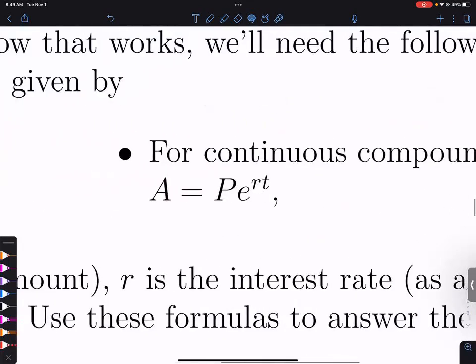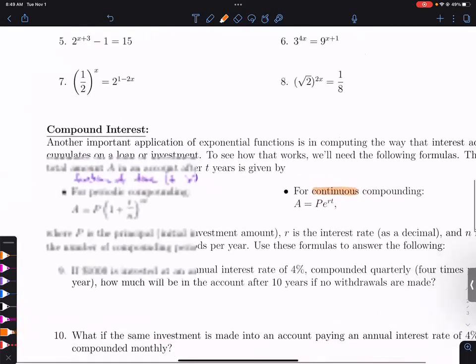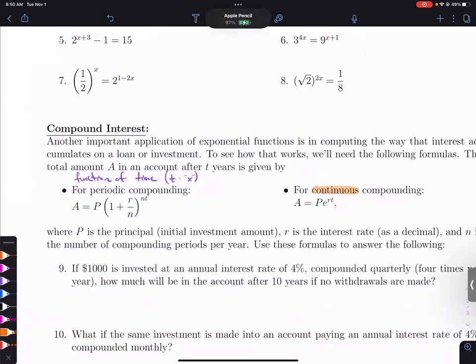In the other formula, A is still the same thing, P is still the same thing, R is still the same thing, T is still the same thing, and E is E. We're just assuming that the interest happens continuously. If that's what you're supposed to do, the word continuous or continuously will be in the problem somewhere. The way this works is that every time the interest calculation happens, say it's 5% and I put in $1,000, they figure out what 5% of 1,000 is, which is $50, and they add that on.